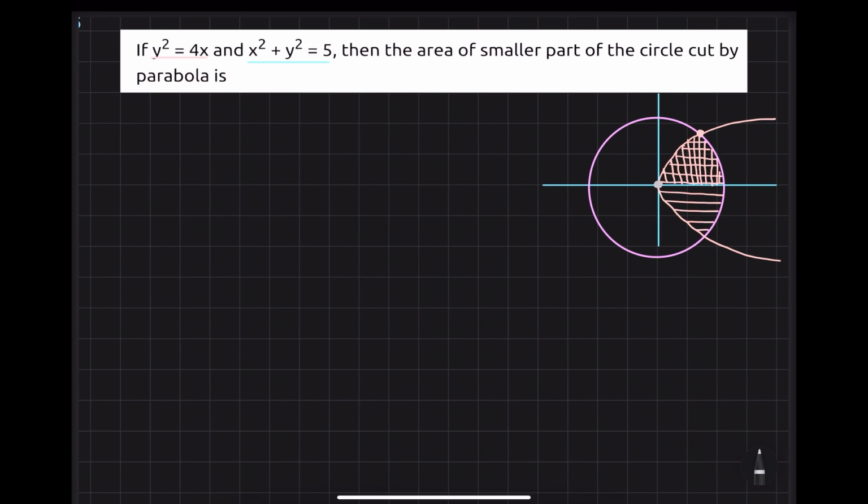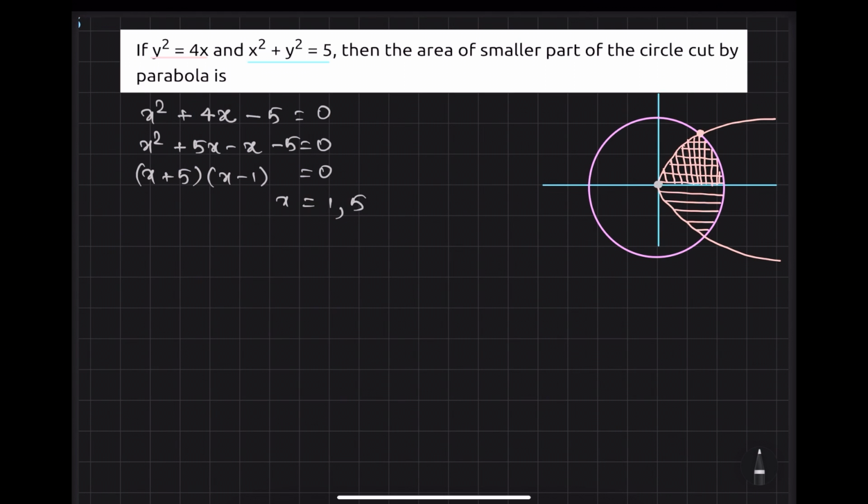So we can apply the substitution method. So x square plus y square; in place of y square, can I substitute 4x, minus 5 equals 0. So we have x square plus 5x minus x minus 5 equals 0. So (x plus 5)(x minus 1). So we got x as 1 and minus 5.